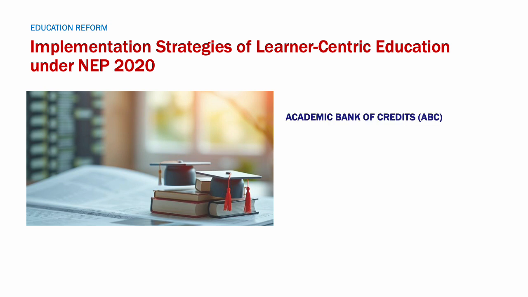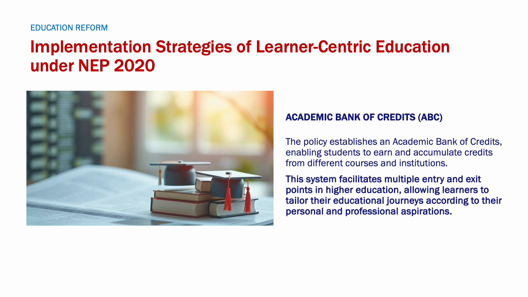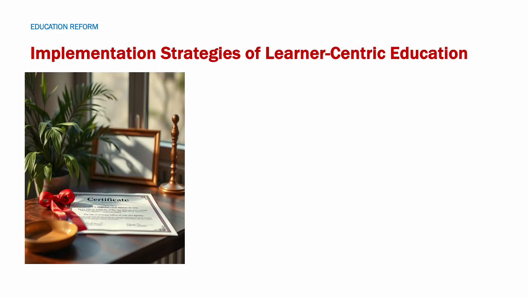The introduction of the Academic Bank of Credits. The policy established an academic bank of credits enabling students to earn and accumulate credits from different courses and institutions. This system facilitates multiple entry and exit points in higher education, allowing learners to tailor their educational journeys according to their personal and professional aspirations.